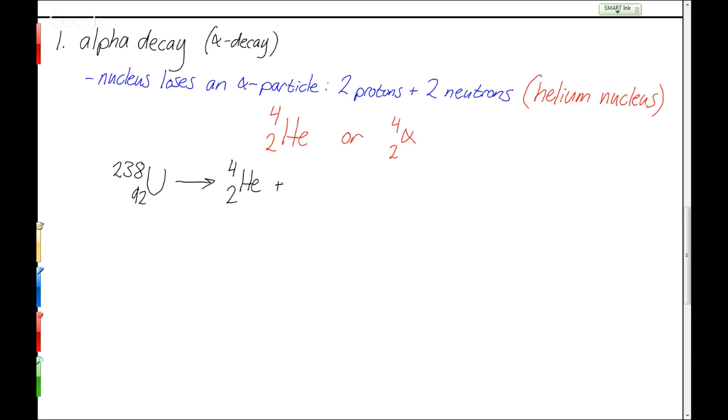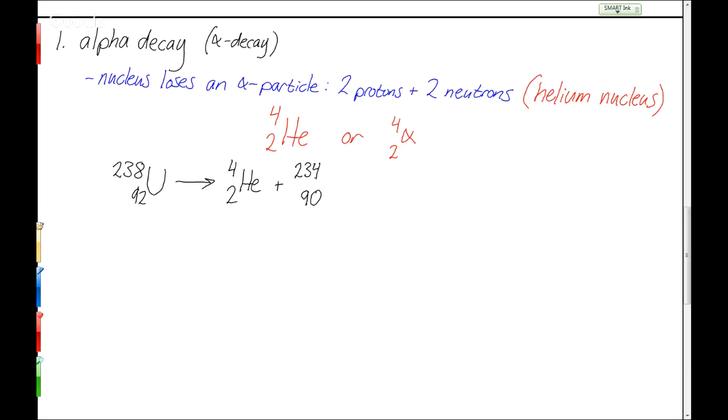So we had 92 protons, we lost 2 protons in the alpha particle, so now we've got 90 protons left. We had a mass of 238, we lost 4 from the mass, so 2 protons, 2 neutrons, so we now have 234.